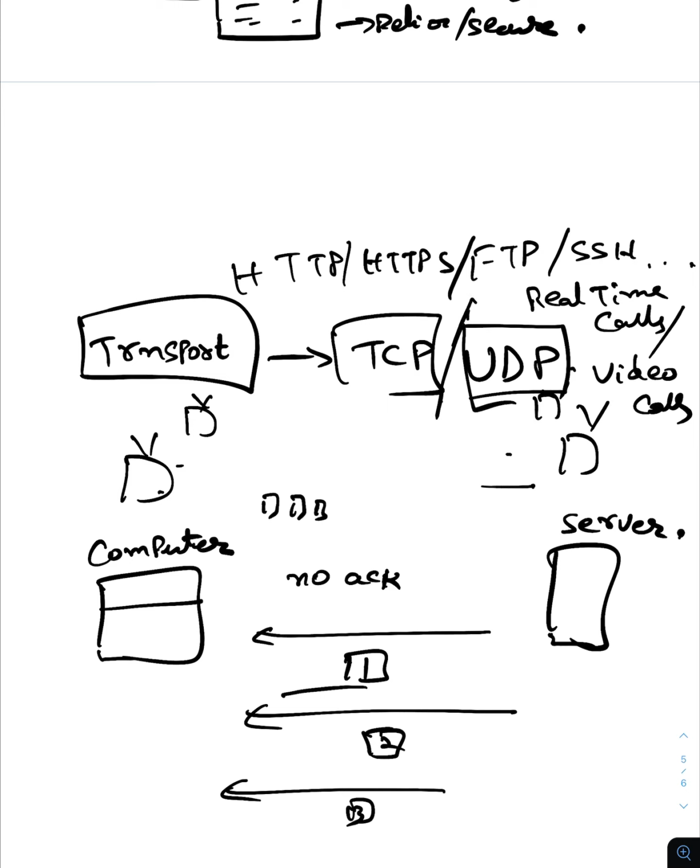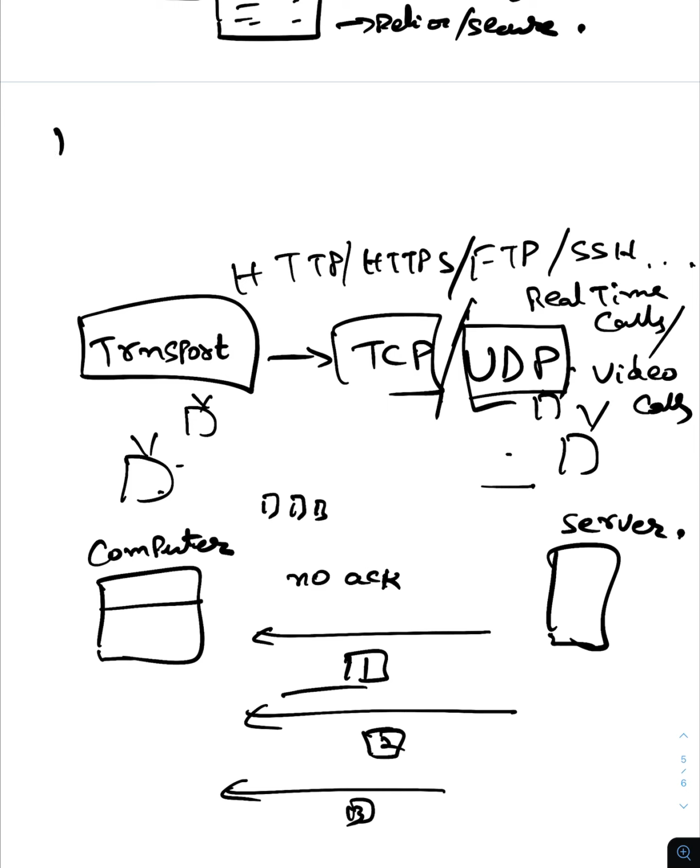So there is a proper acknowledgement from the server, and all your data packets from the server to the computer are rearranged in the right manner. So there's quality, and nothing is missed. Whereas UDP is a real-time protocol. It's very fast, but it's not secure, and your data packets are missed. But that's fine, because the main use of UDP is real time calls and video calls.